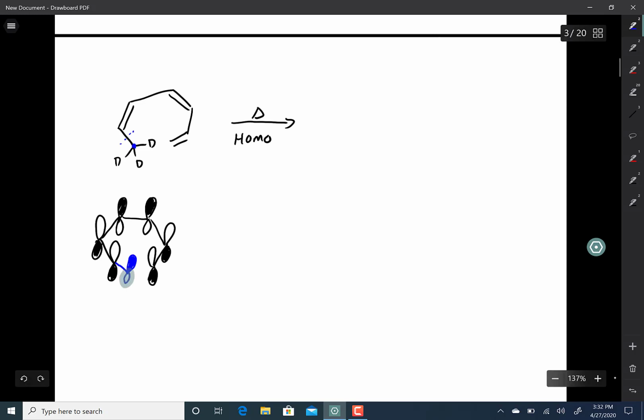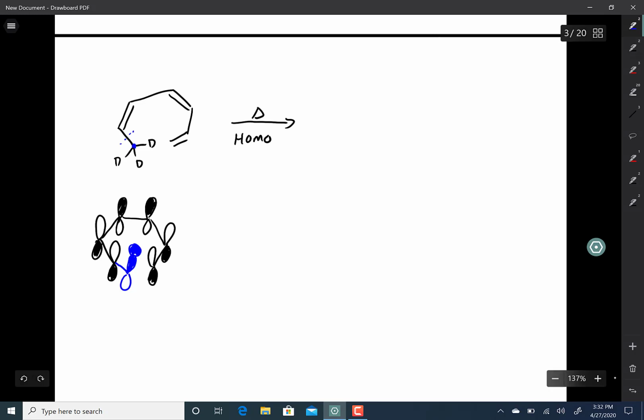Now that deuterium, picture that as going either on the top lobe or the bottom lobe. It doesn't matter, and there's a bond to it. So I'm going to draw it on the top lobe. Shaded.